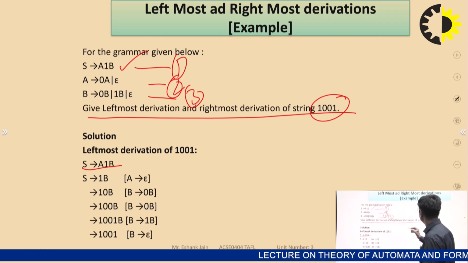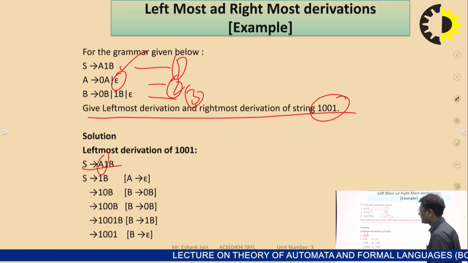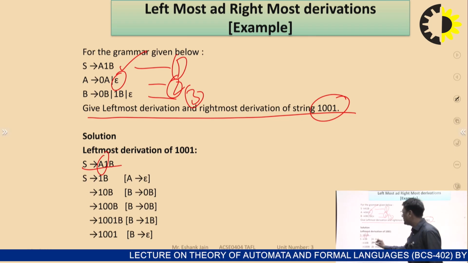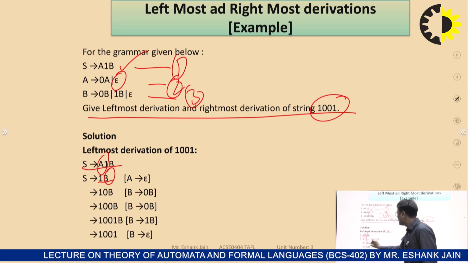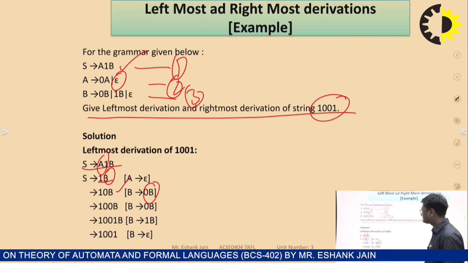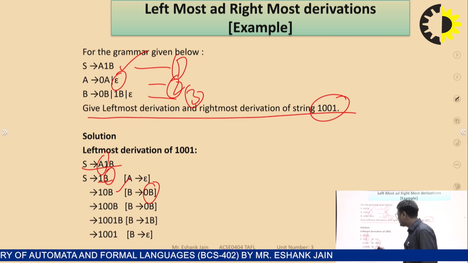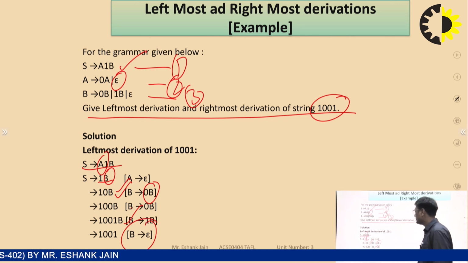Now we put A tends to epsilon on this symbol. Now only 1B remains. Now we put B tends to 0B on B, then again B tends to 0B, then B tends to 1B, and at last B tends to epsilon.